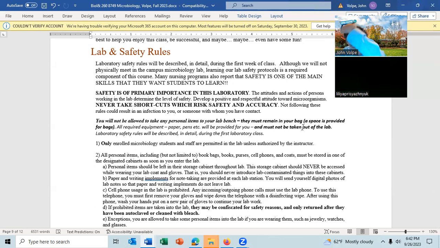So you walk in the door, and then you put your things in the cubbyhole, and then you walk to the sink to wash your hands. Walking to the sink and any place else you might walk to in the lab is considered the lab proper. Any questions about any of that?